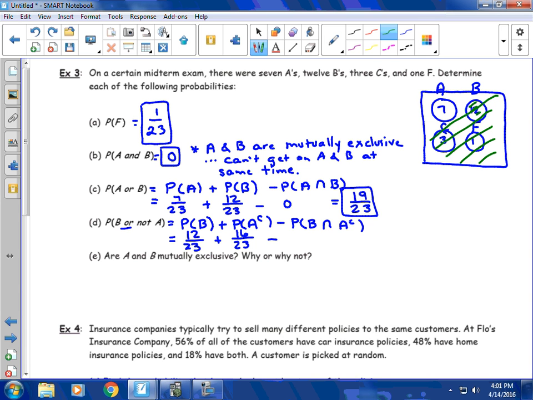So this time it does matter. What's the probability that I got a B and didn't get an A? Well, the overlap are those 12 people that got the Bs. So I have to subtract off 12 out of 23. And it comes out that my answer is 16 out of 23.